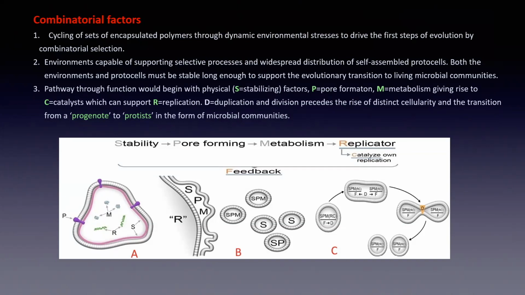They can act as catalysts and enzymatically speed up metabolism. And they can, of course, replicate. If they can replicate, they can sort of pass on genetic information. So those are combinatorial factors that have to be present if we can have an origin of life, an early evolution. Okay, next slide.